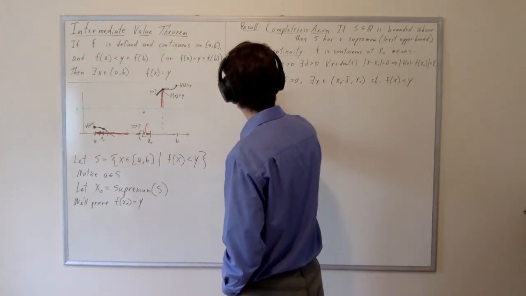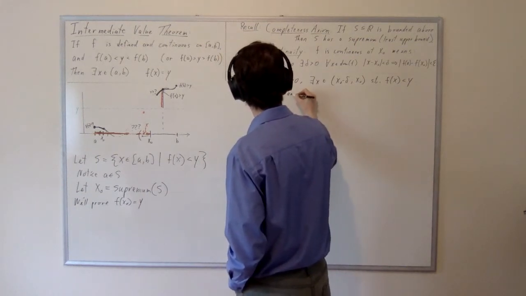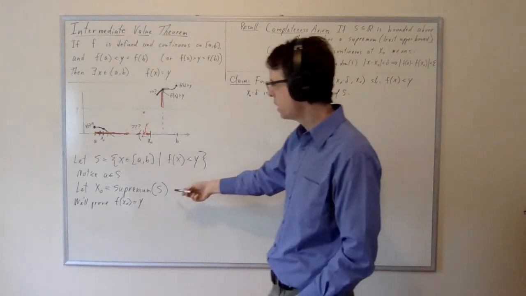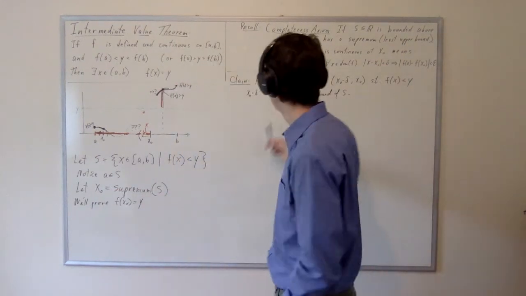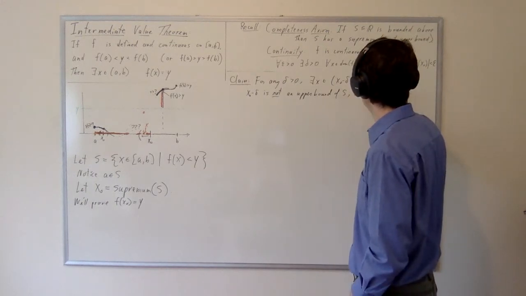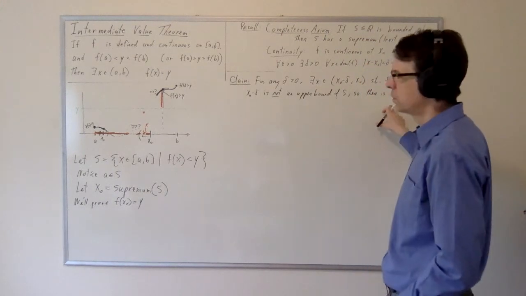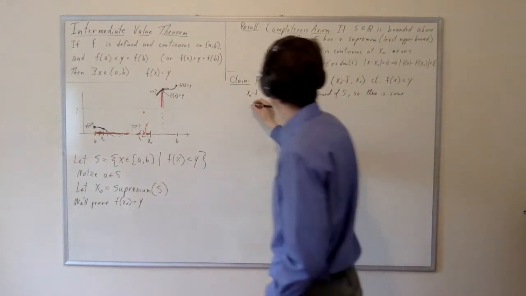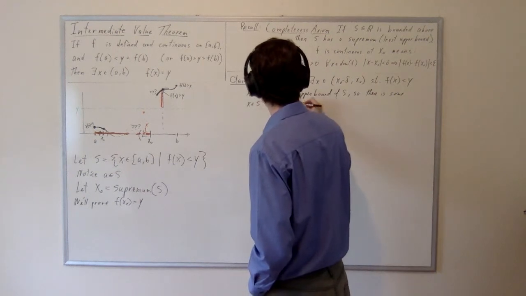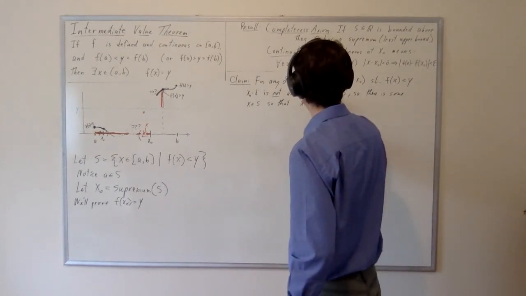So the secret here is that x naught minus delta is not an upper bound of S. Notice that x naught was the supremum of S. And if I subtract a little bit, then that's not an upper bound of S. So there is some x in S so that x exceeds x naught minus delta.